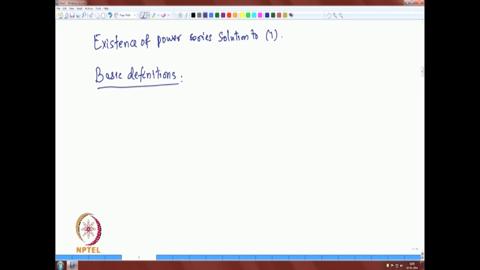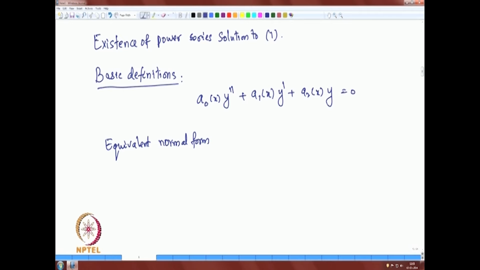Let us again state the form of the equation a0x y double prime plus a1x y prime plus a2x y is equal to 0, and we call this equation 1.